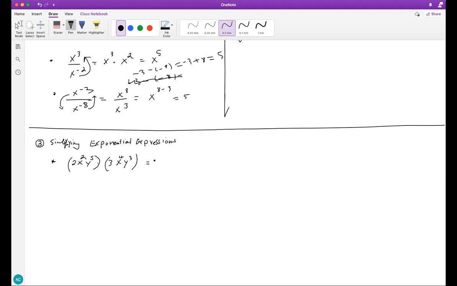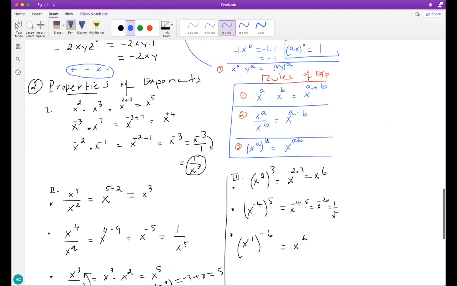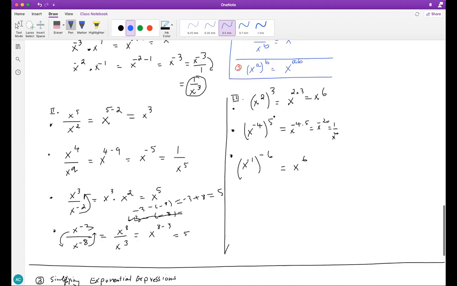So we're going to multiply those first. We're going to say 2 times 3. Then, what else do we multiply together? X. That's right, we're going to multiply the x's together and also the y's together, because to use rule number 1, we need to have the same base in order to be able to add the two powers.